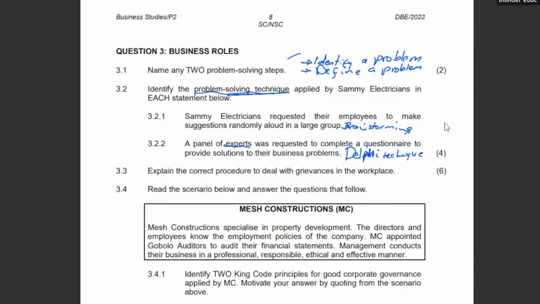Okay, right? So now let me say bullet 1, I'll write it up there.